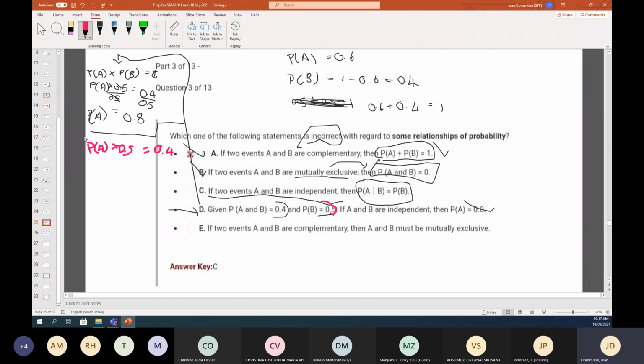Okay, so I want to isolate that probability of A because that is the answer that I'm looking for. So to isolate that, I need to get rid of the 0.5. The only way I can get rid of that 0.5, because there's a multiplication, is to divide that whole thing by 0.5. But from maths, if I divide on the one side by 0.5, I need to divide the other side by 0.5 as well.